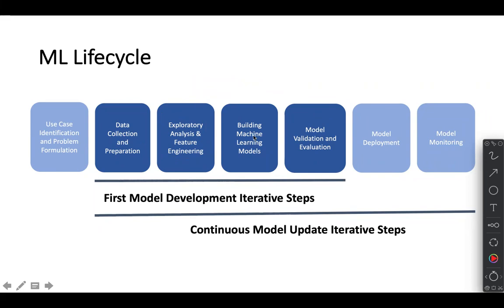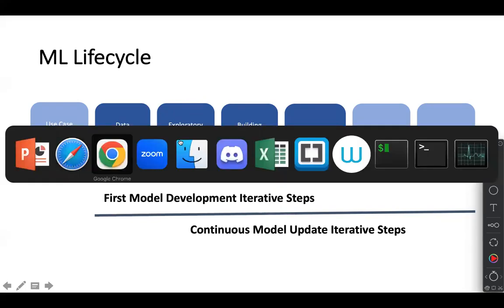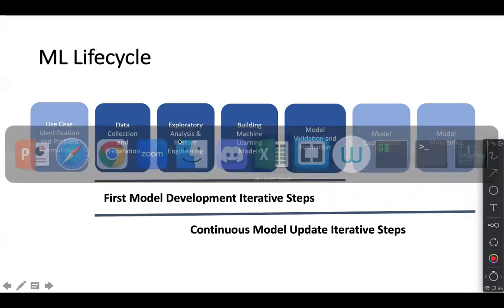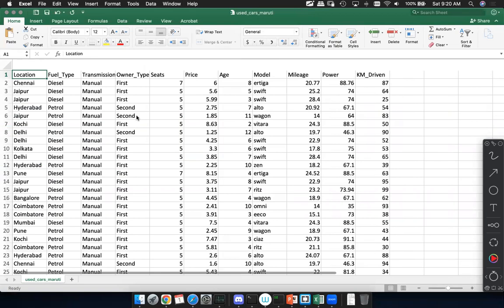So what we'll do now is, for this we have already collected a curated data set, which is in the GitHub, and it looks like this. For this particular problem, we have only taken the data of Maruti cars. So estimate the resale value of the Maruti cars.